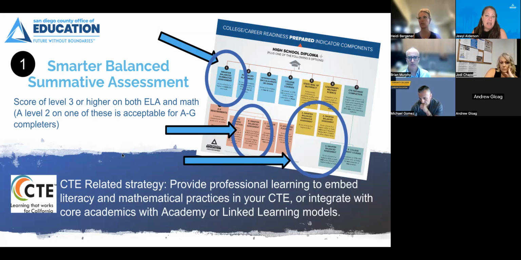So here, let's say for SBAC, if you're thinking about how we want to improve our SBAC, you could provide professional learning to embed literacy and math practices in your CTE, or you could be looking at some more integrated programs like Academy or linked learning models, which actually Golden Pathways, which you'll all be eligible to apply for coming January, is very linked learning heavy, and really allows you to expand your CTE into your core academics.